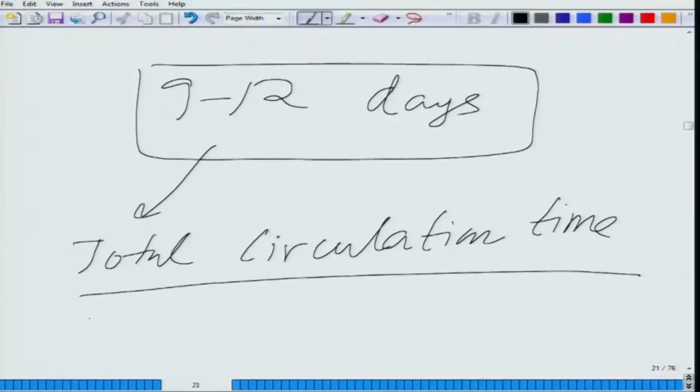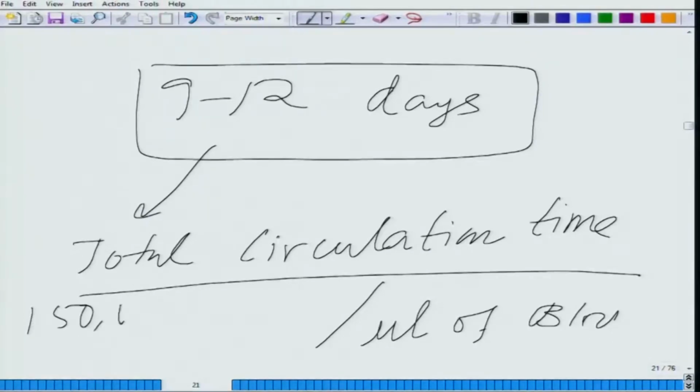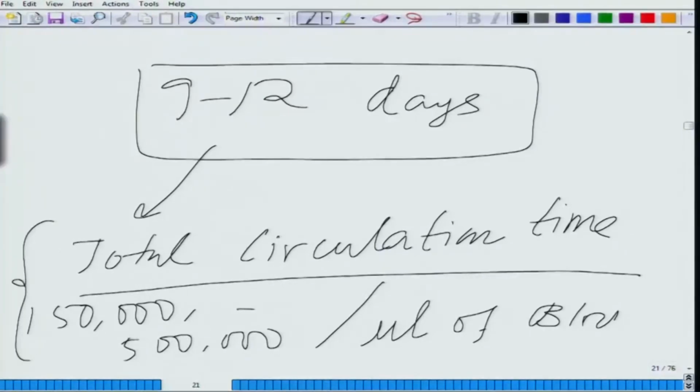And each microliter of blood contains, you can call them as particles, 100 to. So, these are some of the statistics which I would recommend you to remember, okay.